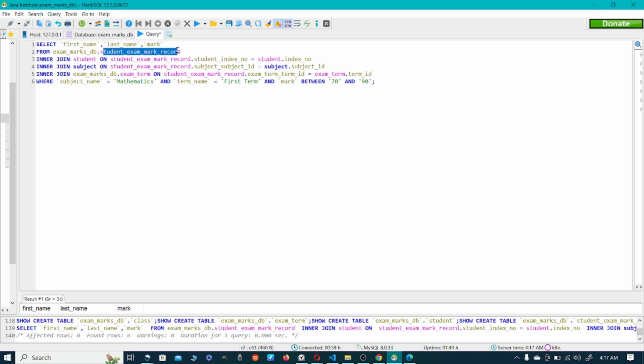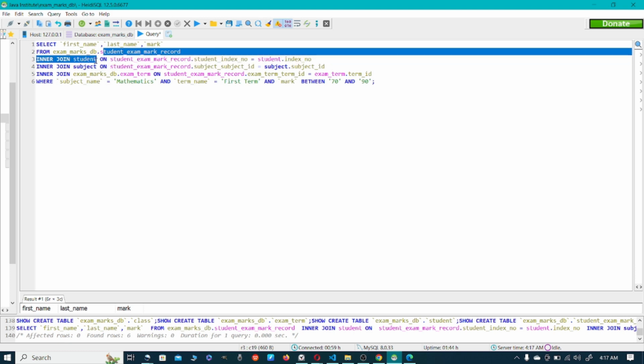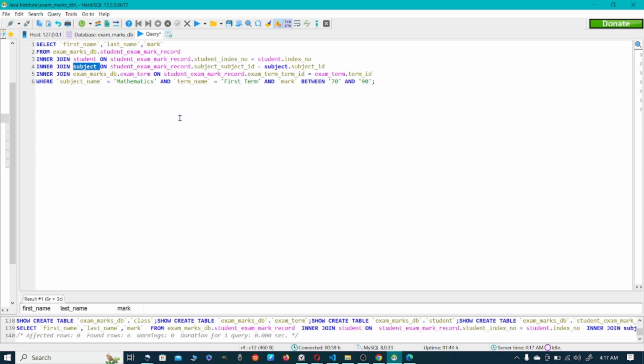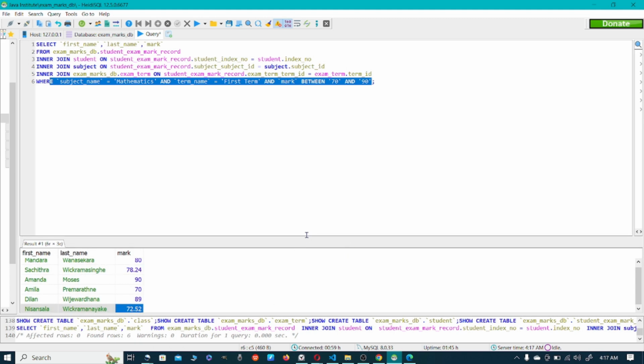We have joined the student exam mark record table and the student table, so we can access the specific student's name. Then we have joined the subject table to filter the mathematics marks, and the exam term table in order to filter first term marks. So this will be our condition section, and this would be our answer.